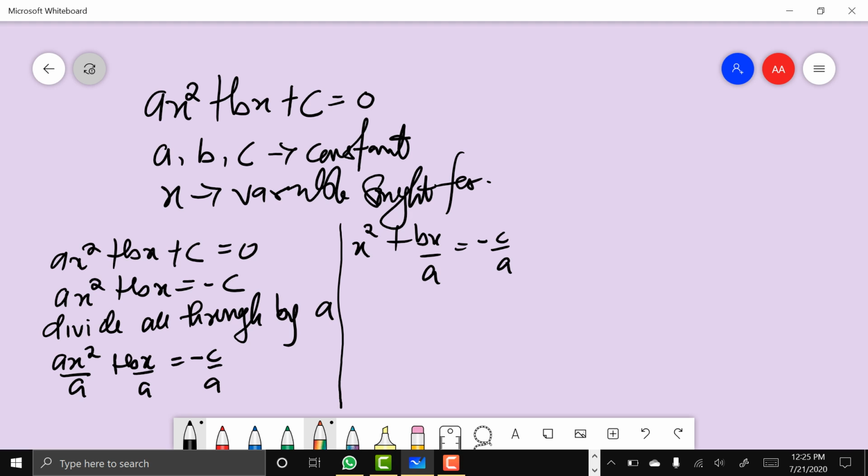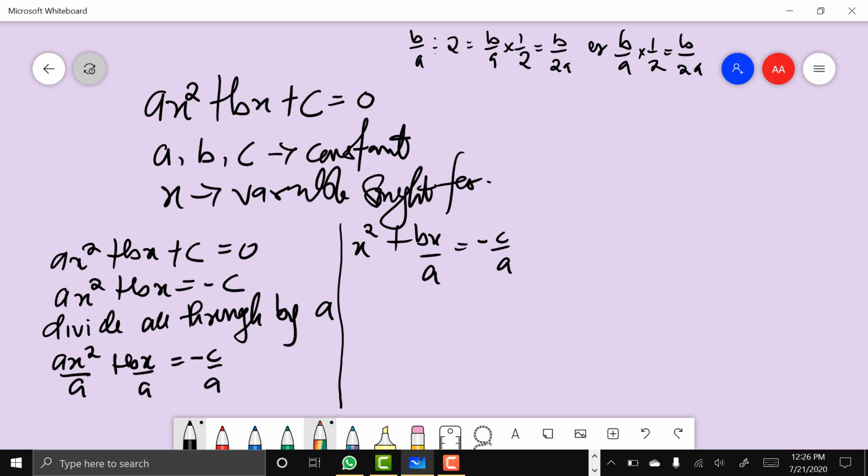Now, the coefficient of x here is b over a. So you either divide by 2 or you multiply by half. If we divide by 2, you have b over a times 1 over 2, to give you b over 2a. Or if you multiply this by half, you still get b over 2a.